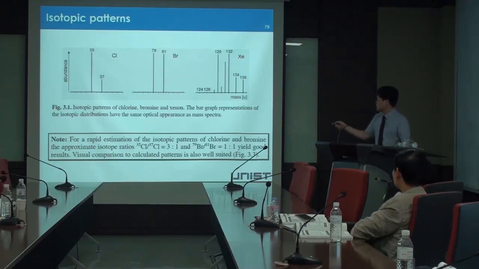The abundance of the bromine isotopes is very similar, the ratio is 1 to 1. But for chlorine, 35 and 37, the ratio is about 3 to 1. So if we analyze chlorine, you get 2 peaks.